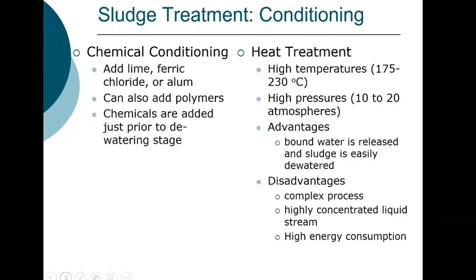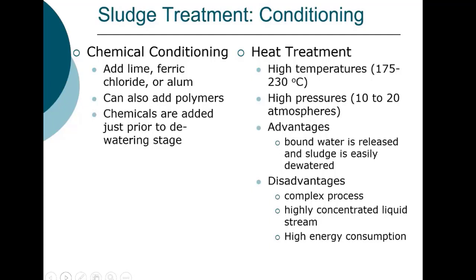Now, if we're looking at thickening, or if we look at conditioning, when we're looking at conditioning, we can add chemicals. So these are typically coagulants. So it could be lime, ferric chloride, alum. It can also be polymers.